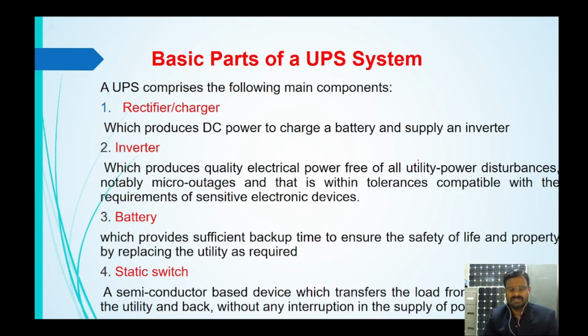Any basic UPS will have these elements: a rectifier or charger, which converts the AC to DC power, and an inverter, which converts the DC to AC, a battery which stores the energy, and a static switch used to switch over from one mode to another mode.